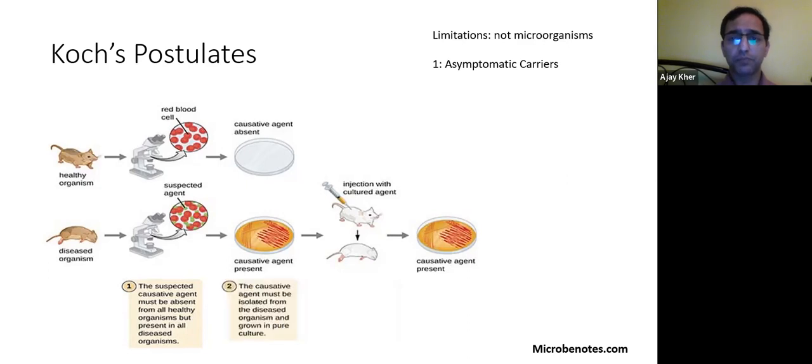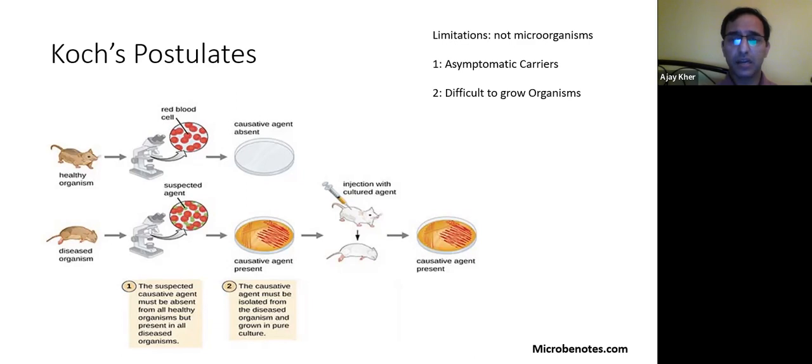The second postulate is that the causative agent must be isolated from the diseased organism and grown in pure culture. So that again is a microbial-centric concept, but again, we can apply it to other situations as well, where you have to isolate it from the organism or from the diseased organ or the location as well.